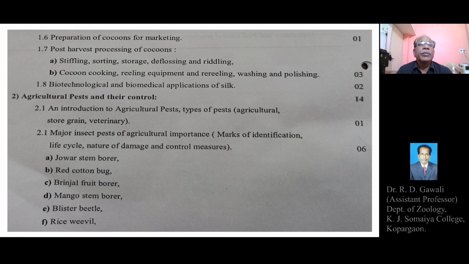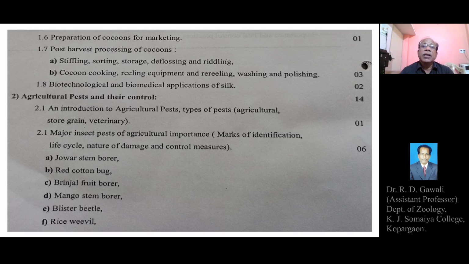The next point is preparation of cocoons for marketing. So after about a month of larval development or silkworm rearing in the rearing house, the larvae spin the cocoon so as to undergo pupation, which is the next phase of their life cycle.